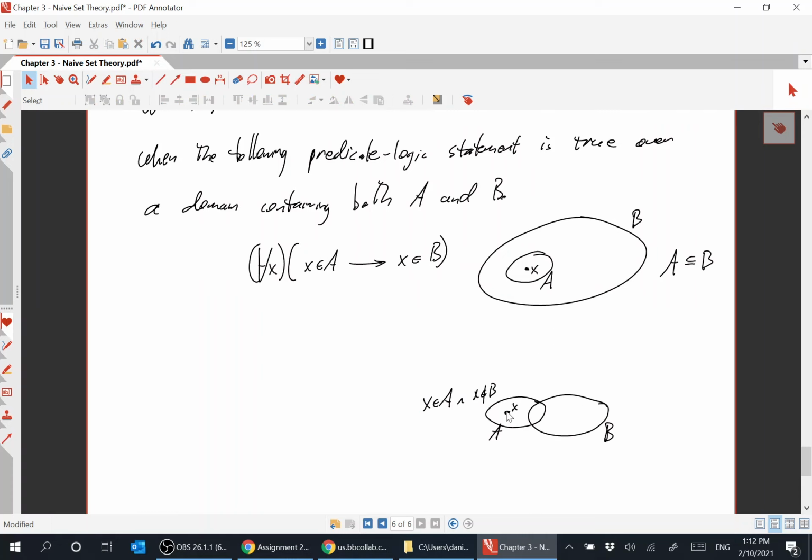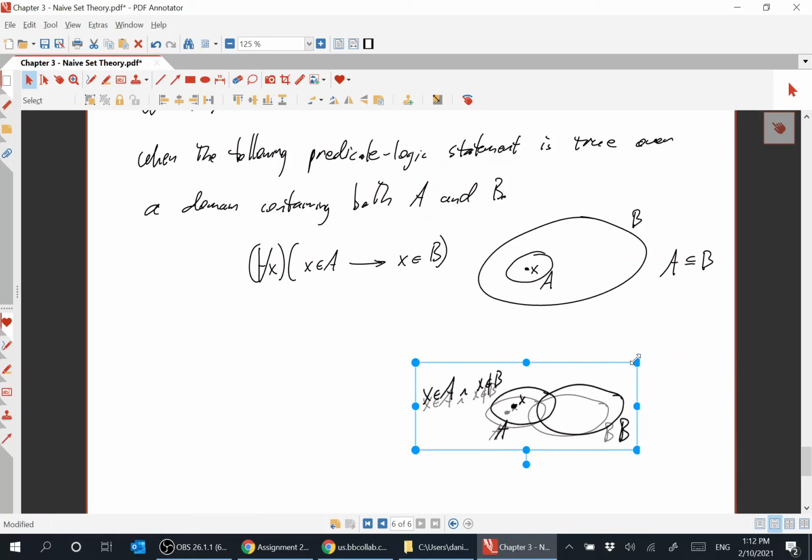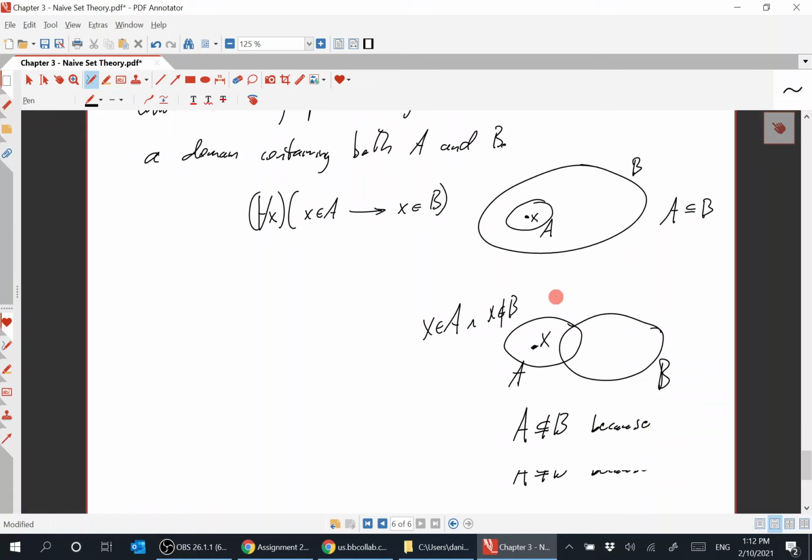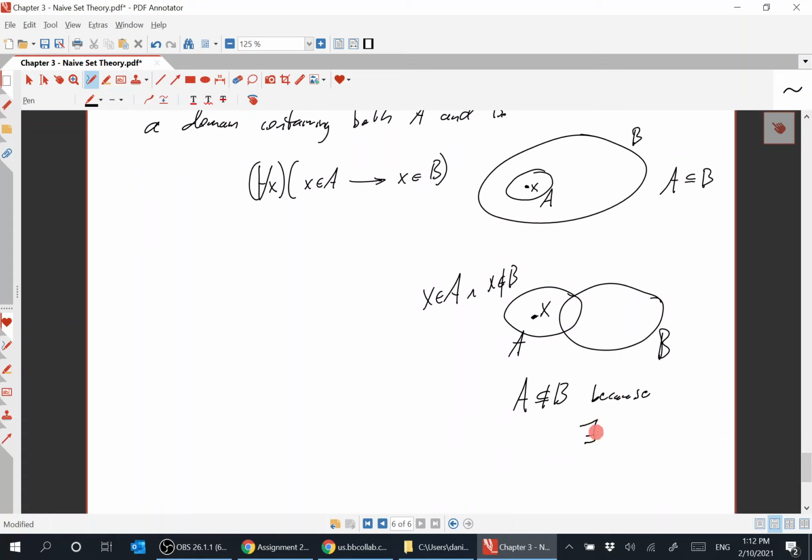So in this picture here, let me make it bigger, A is not a subset of B because there exists x such that x is in A and x is not in B. And there it is right there.